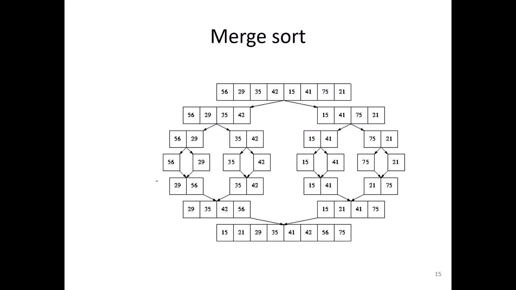The other step is, after dividing, we merge by applying some constraints to arrange the elements in ascending order. See here, 8 elements are divided into 4 and 4, and each 4-element array is divided into two halves, so each subarray has 2 elements, and again these are divided to get subarrays with a maximum of 1 element.